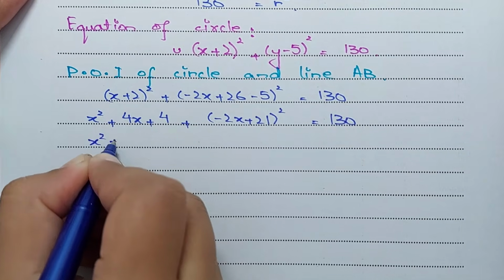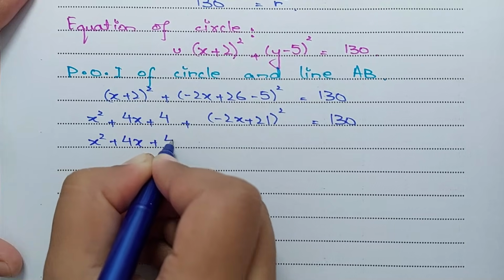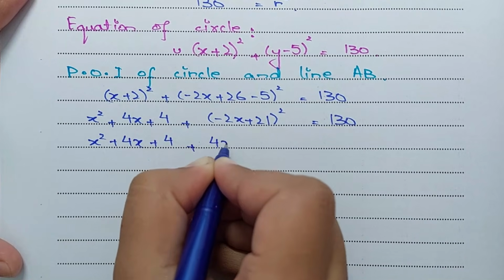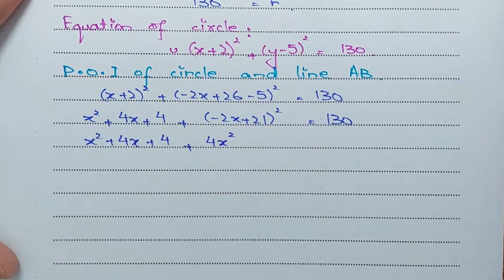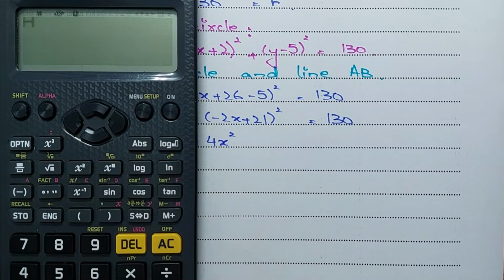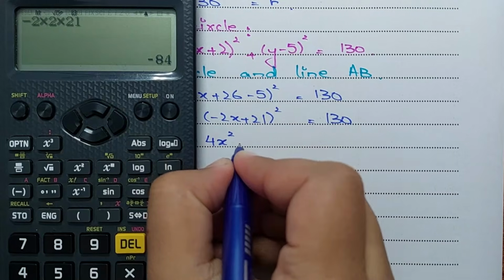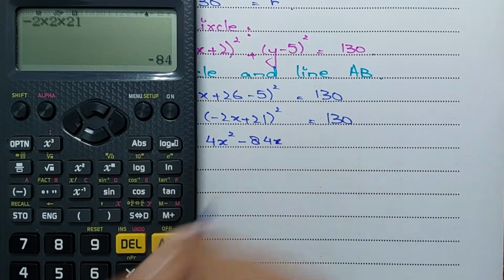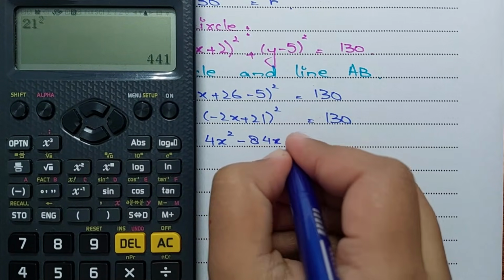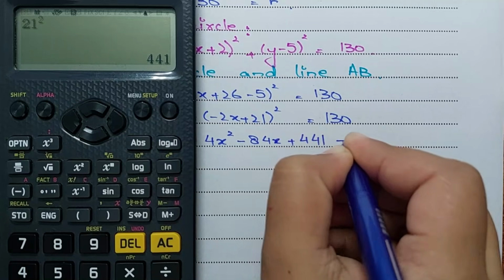So x² + 4x + 4. Now open the square: 4x², and minus 2ab, so minus 2 into 2 into 21, which is minus 84x, and 21² is 441, minus 130.